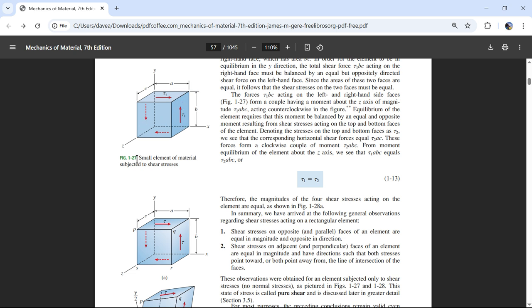Let's see what it's called: small element of material subject to shear stresses. Those are going to be the stresses in PSI, or pressure, or newtons per meter squared, and we're just going to say they're in newtons per millimeter squared. And we have a pressure of 1 newton per millimeter squared acting on an area of 1 millimeter squared. So I could say that there's a shear force on this of 1 newton.